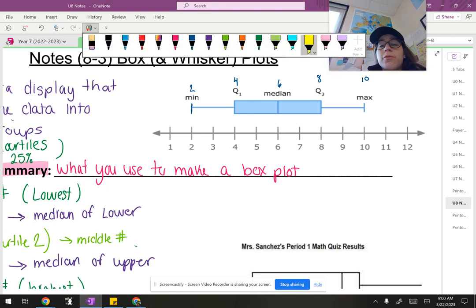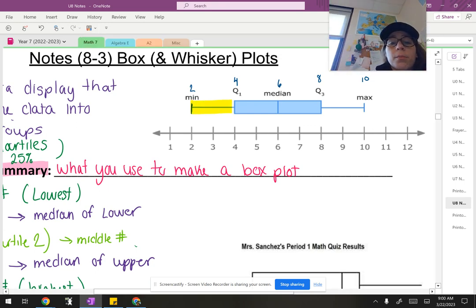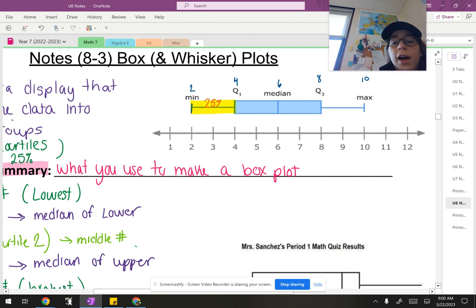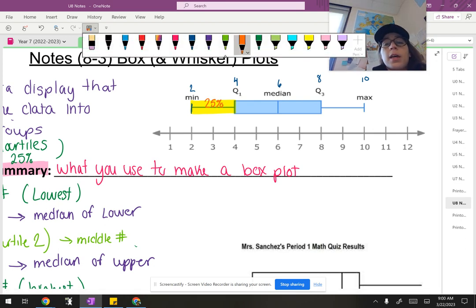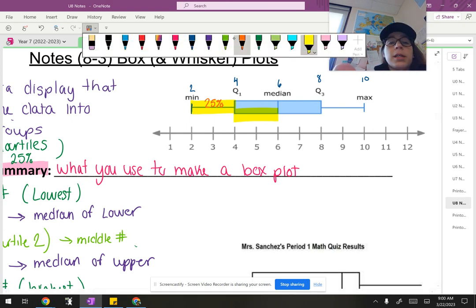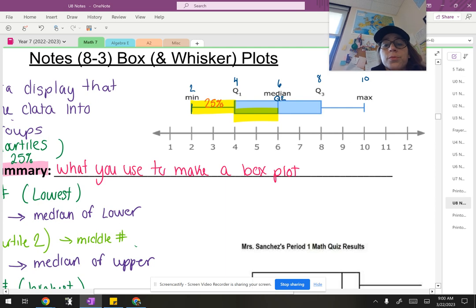So each one of this, you can see it divides our data into 4 groups or 4 parts. From the minimum to Q1, that's 1 part, and therefore is worth 25% of the data. Same goes from Q1 to the median, right? That median, we could also list above it that the median is also Q2.